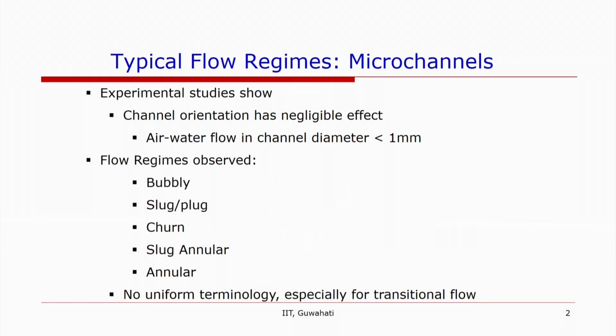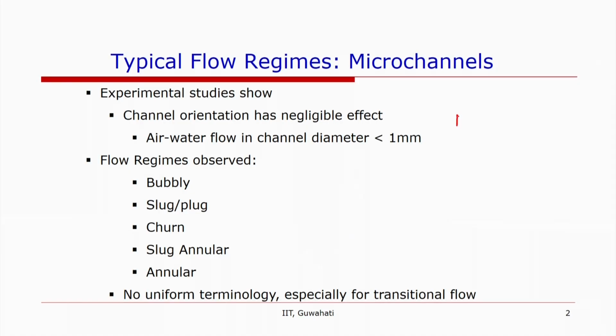Okay. So, the experimental studies have all shown that in microchannels the gravity does not have much effect. So, for channel size less than 1 mm for air water flow, for different gas liquid systems this number may change, about 1 mm or 2 mm, the channel orientation does not have any effect.